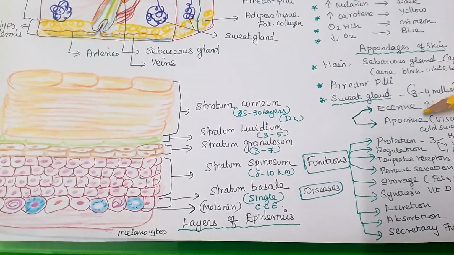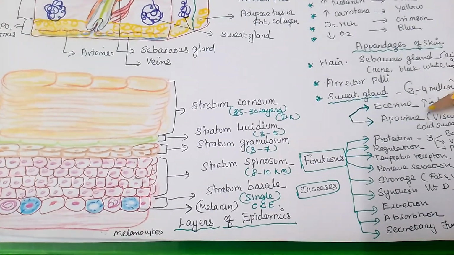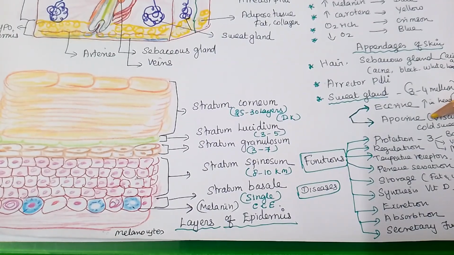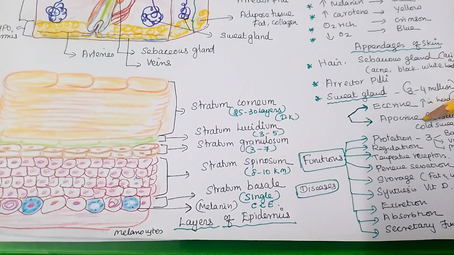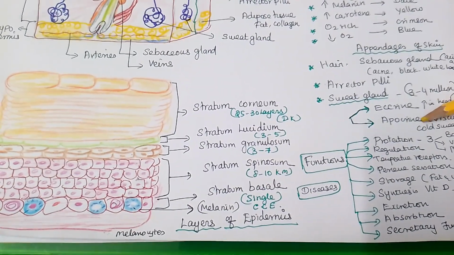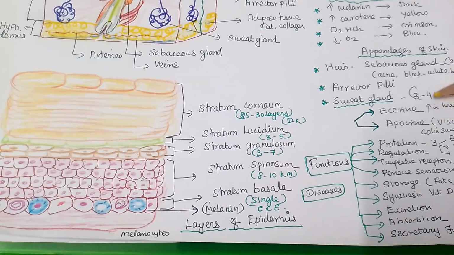They are not activated at birth. They are activated during puberty. They are more present in the nipple and other areas. So this is about the appendages of the skin.